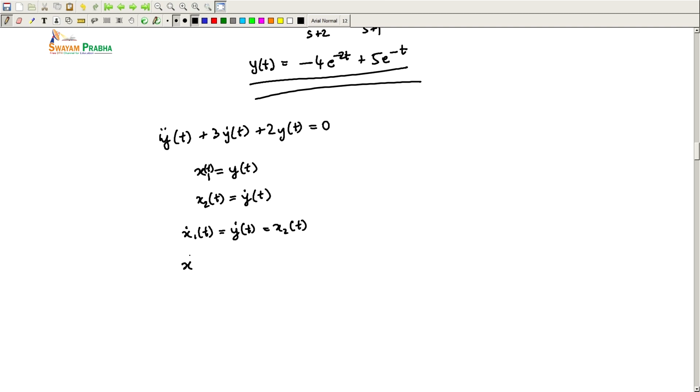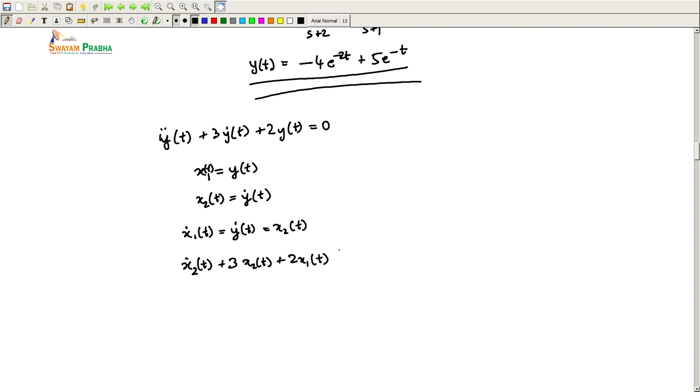Then the other equation is x2 dot of t, which is y double dot of t, plus 3 x2 of t plus 2 x1 of t.